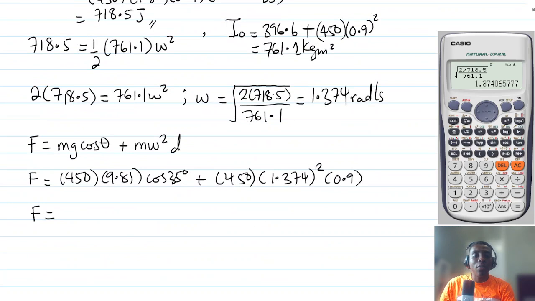So F will be given by 450 times 9.81 cosine 35 plus 450 multiplied by 1.374 squared multiplied by 0.9.